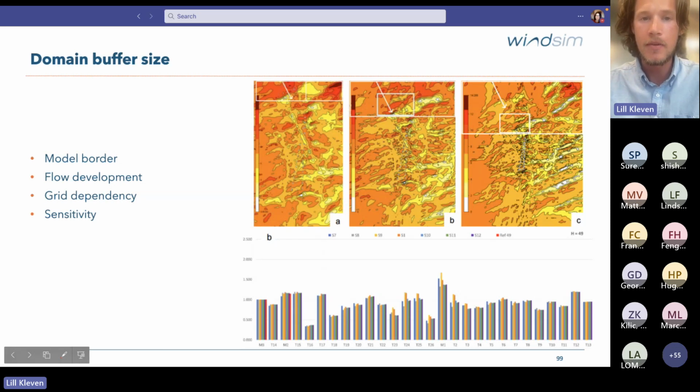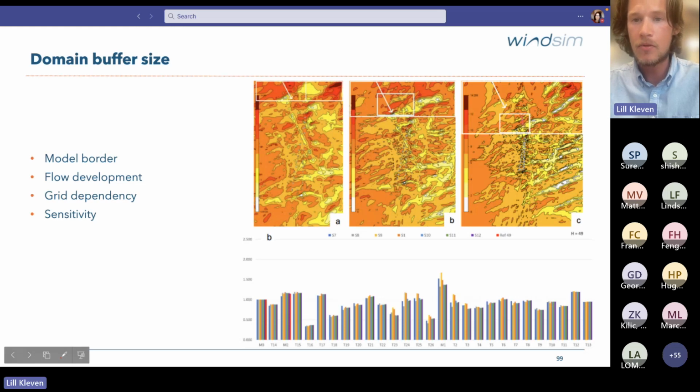So you can see this hill. And then when we increase the buffer size to, I think this might be 20. This was 5, I think, and this is the 10 kilometer buffer. You can still see the speed up here on the ridge and mountainous area close to the border.